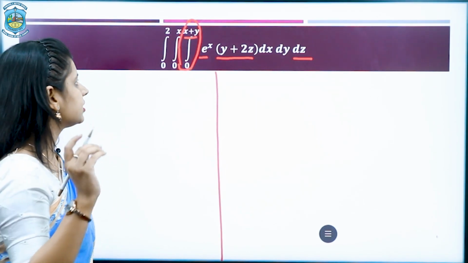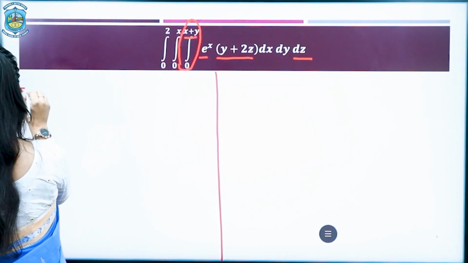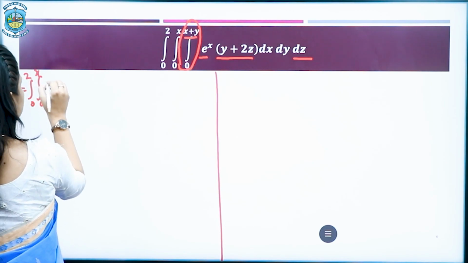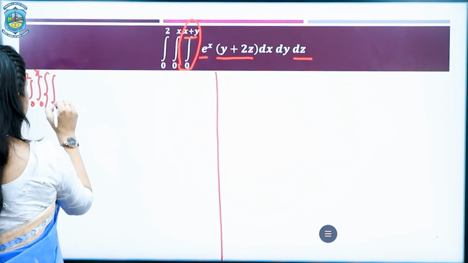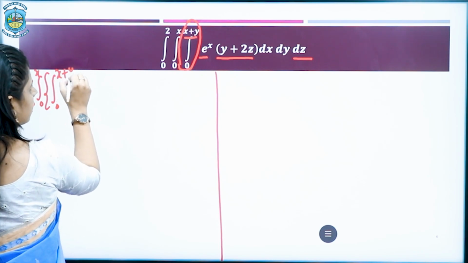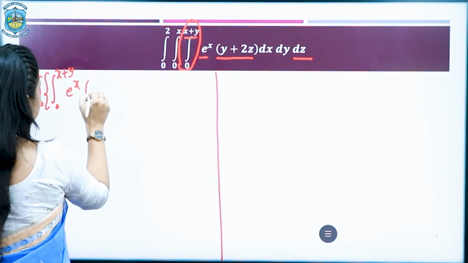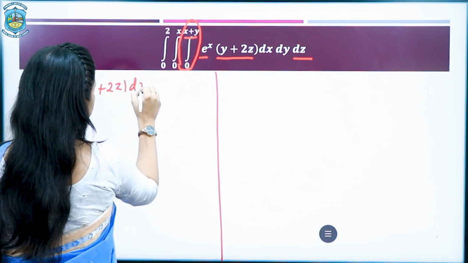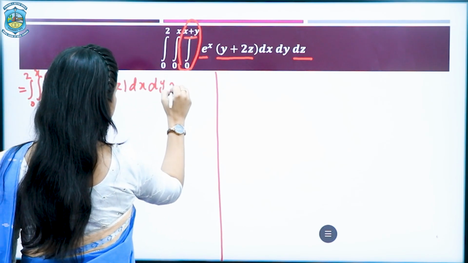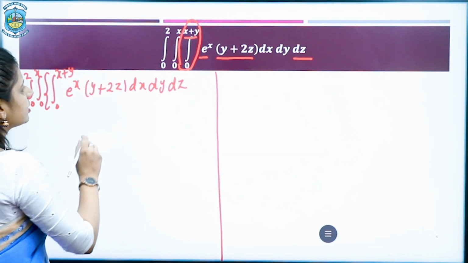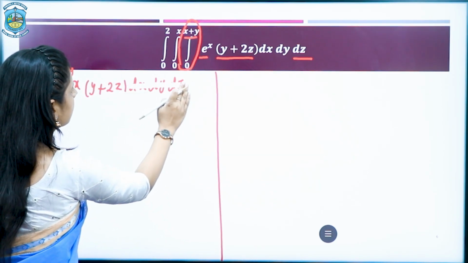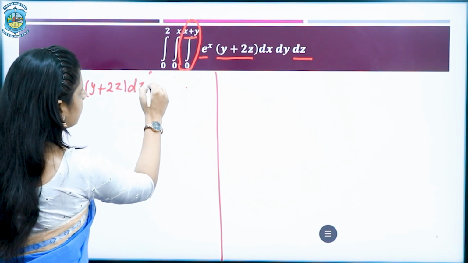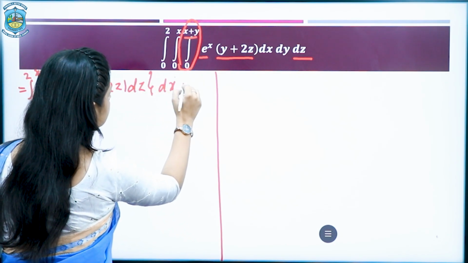We can write this integral as 0 to 2, 0 to x, integrations from 0 to x plus y, this exponential x, y plus 2z, dz, dy, dx. First, we will integrate with respect to z. So here we will write dz and then dx, dy.